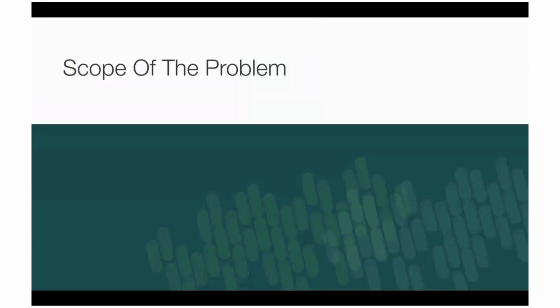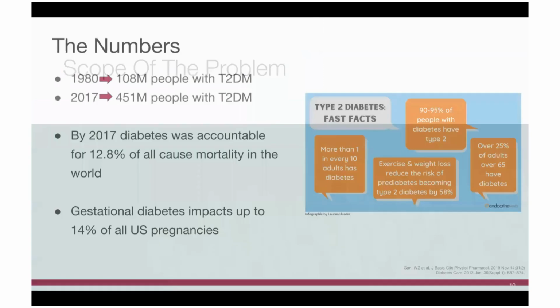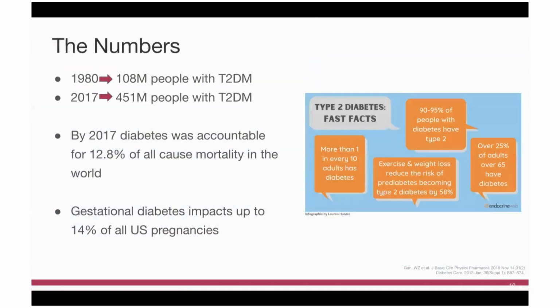So let's talk a little bit about the scope of the problem. Most of us are aware that diabetes, especially type 2 diabetes, is a huge issue in the world. Let's spend a few minutes looking at the numbers and at the specifics. It's really quite staggering. In 1980, there were 108 million people with type 2 diabetes. In 2017, there were 451 million people with type 2 diabetes.